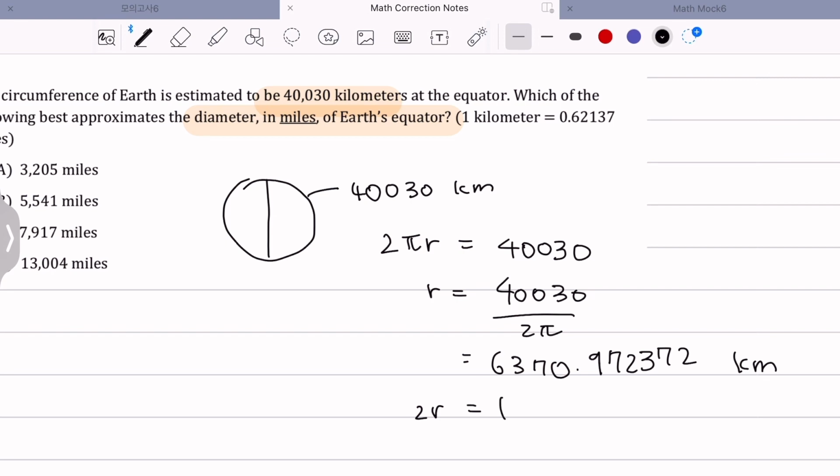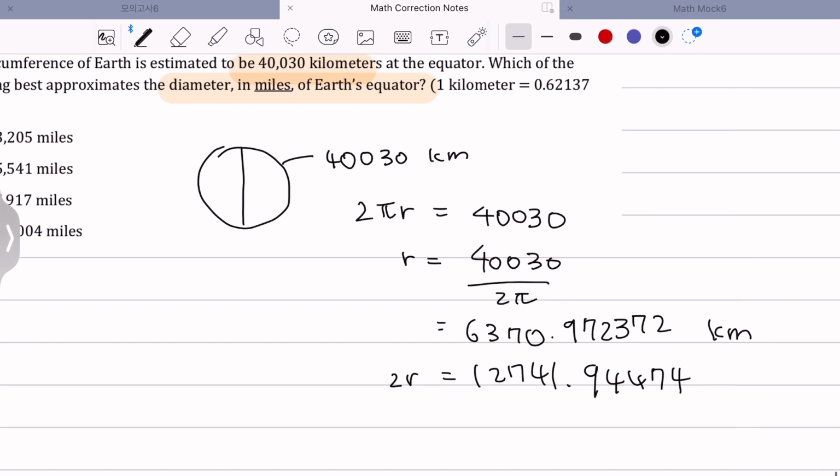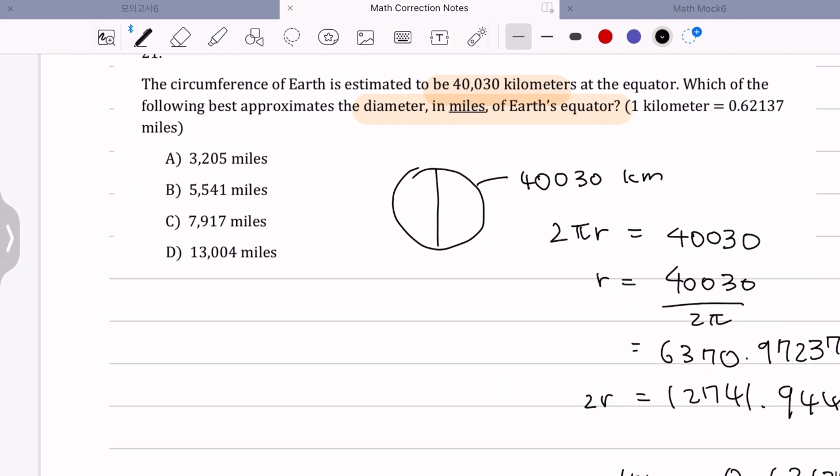So it would be 12,741.94474. And this is also in kilometers, and 1 kilometer is 0.62137 in miles.